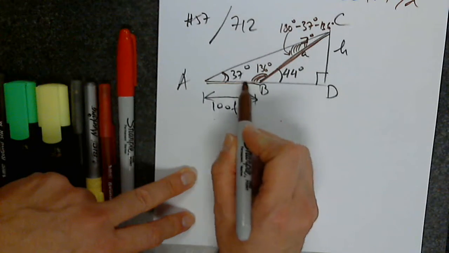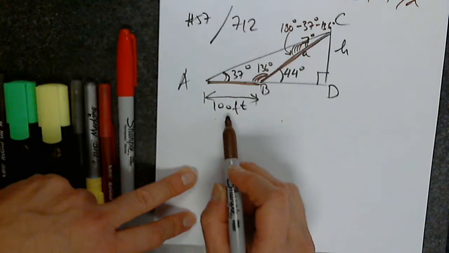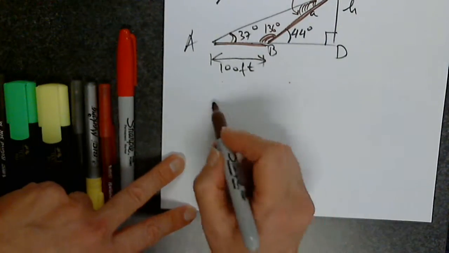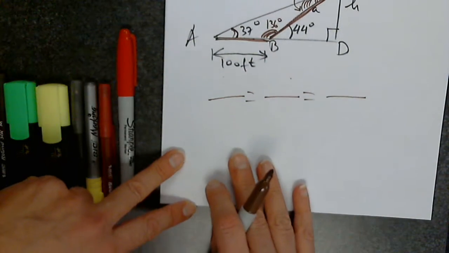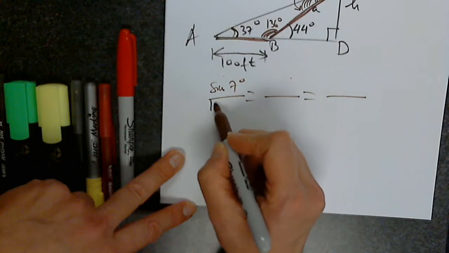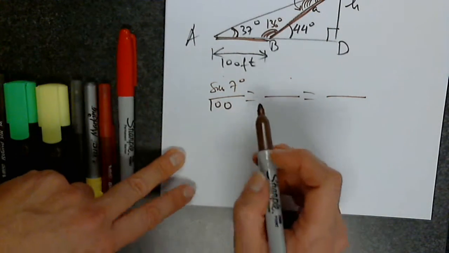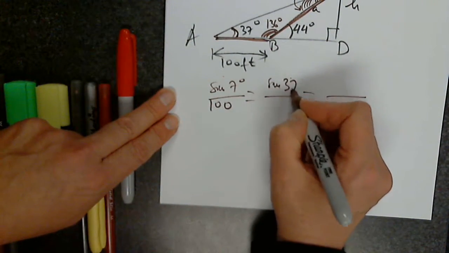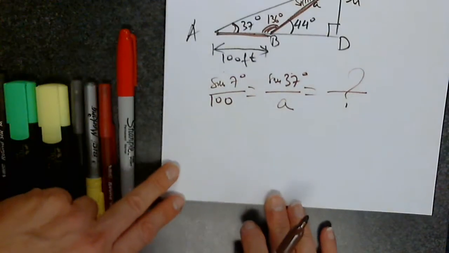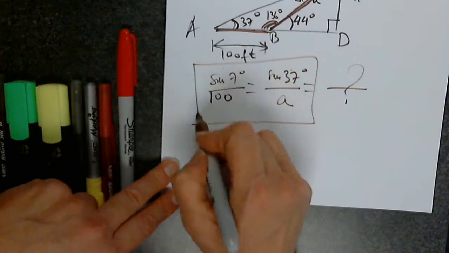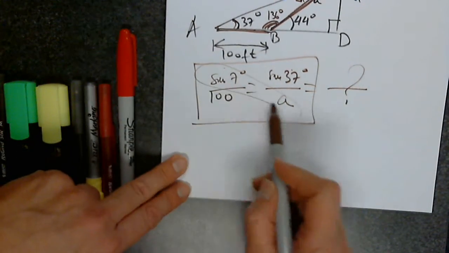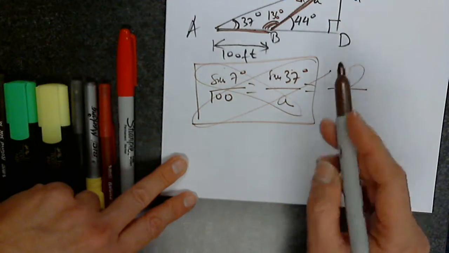And we have this piece. It's given to us, 100 feet. Can I determine A? How? Sine 7 degrees over 100 equals sine 37 over A, and I don't care for the last one because I already have law of sines for that, which allows me to determine A. Cross multiply.